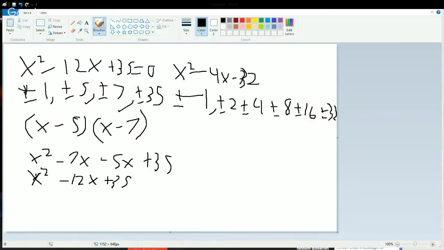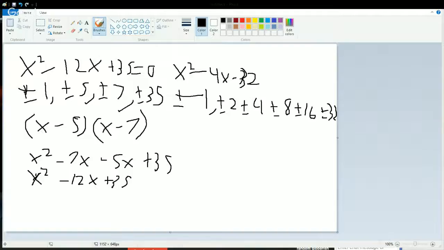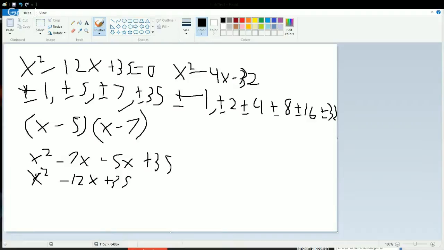That's going to be 1 minus 4. So 1 minus 4 minus 32 doesn't work. Negative 1 squared is just 1 plus 4 minus 32, so that doesn't work. Let's punch in 2. 2 squared, 4, minus 16 equals negative 12. That doesn't work. So let's try negative 2.